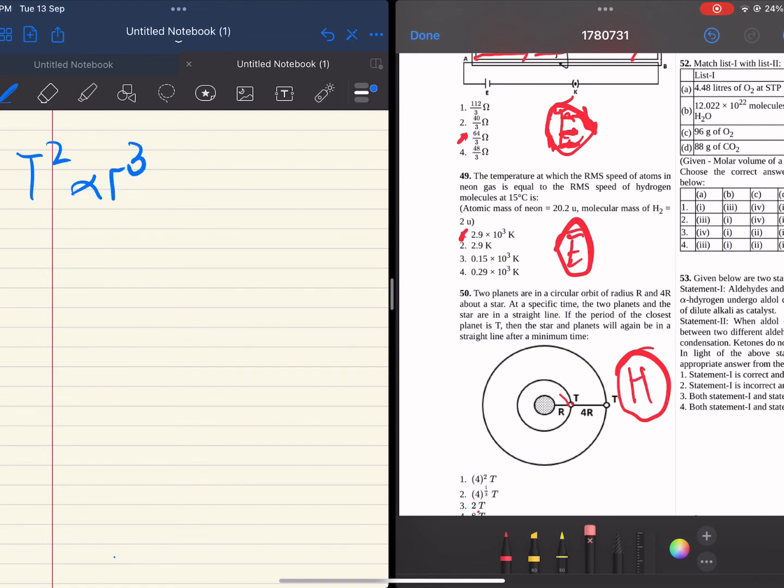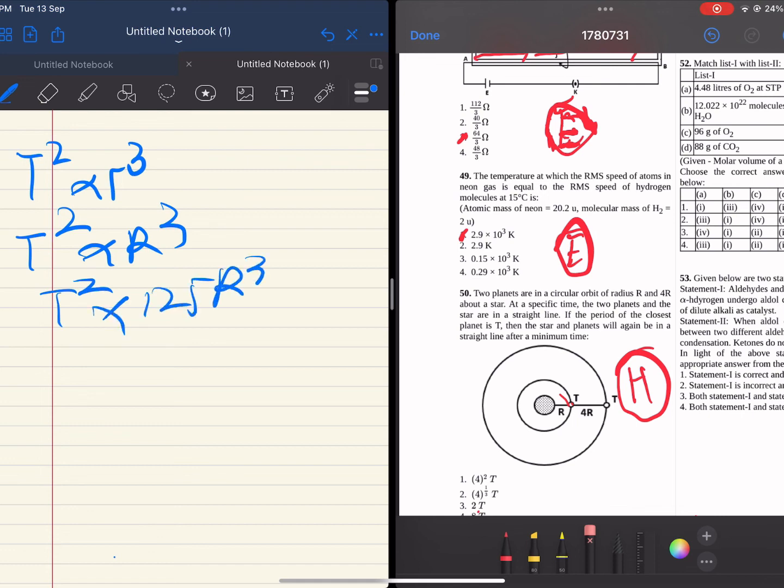That means for the first planet, the time period is T, and for the second planet, since it has a radius of 4r, that is 4r from the star, or rather 5r from the first planet, by Kepler's law of orbits its time period should be, T square is proportional to r cube, T square is proportional to 125 r cube.